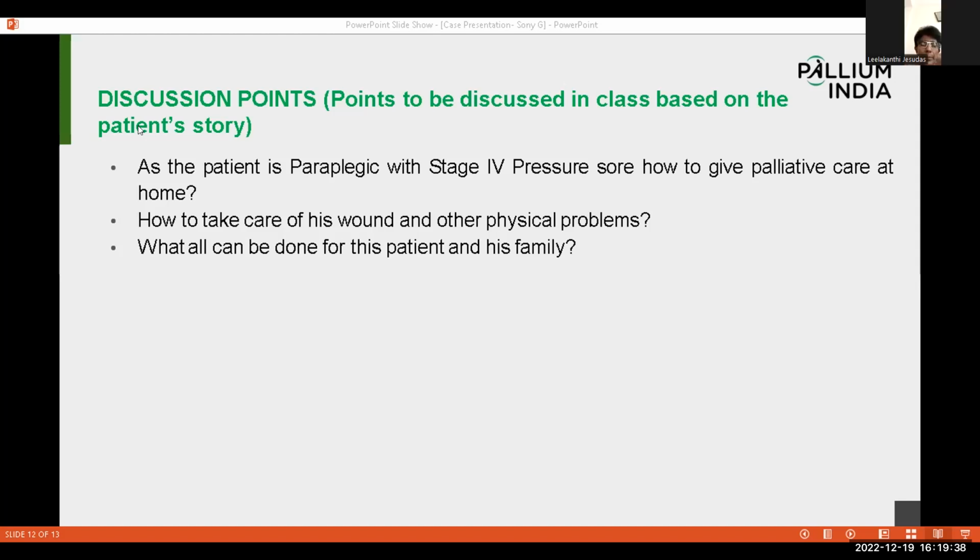Yes, so our physiotherapist will train the caregivers and the patient. Then when they go home, they are able to get up from the bed without the support of caregivers, and shift from the bed to the wheelchair alone, and from the wheelchair to the bed also independently. So if possible, you can do that for this patient also.